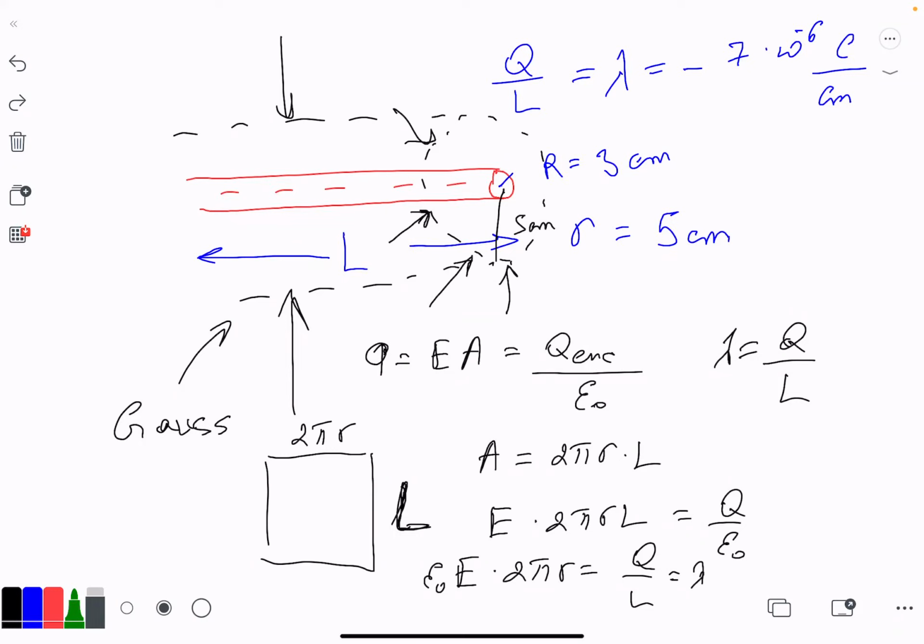So finally we can say that E is equal to lambda divided by epsilon naught 2 pi r. That's it.